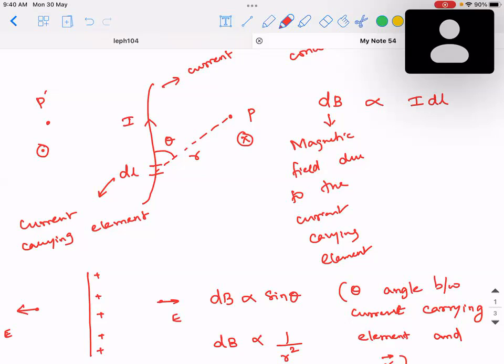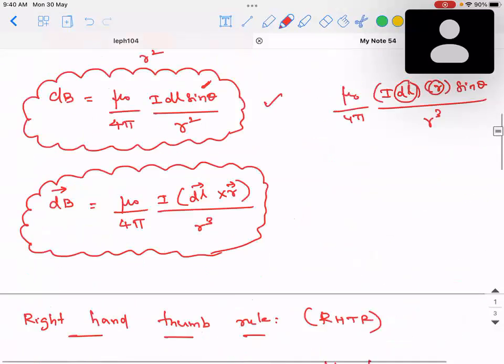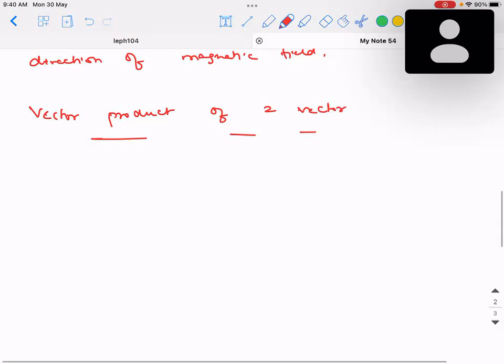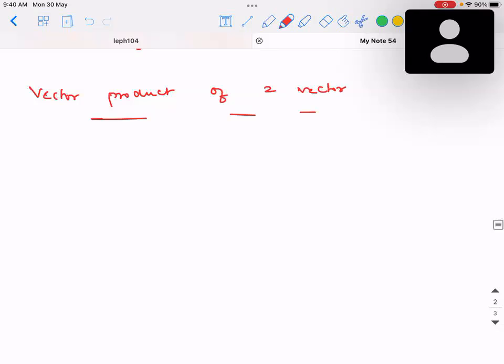Now we need to validate the same thing using vectors also. For that I need to just slightly touch upon the vector product. I think I've already explained this in the first chapter when I explained torque. I'm not sure if you guys remember. Vector product of two vectors. So vector product can be between three vectors also. We'll start with two.